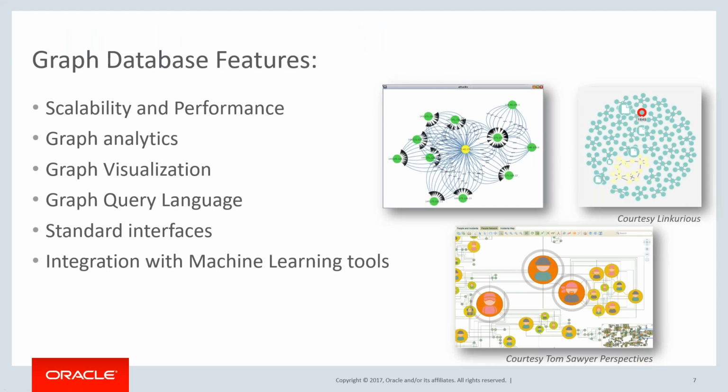So digging into the graph, obviously here are some slides from Oracle talking about the property graph on the database. One of the reasons the Oracle implementation of property graph is particularly interesting is obviously scalability and performance.